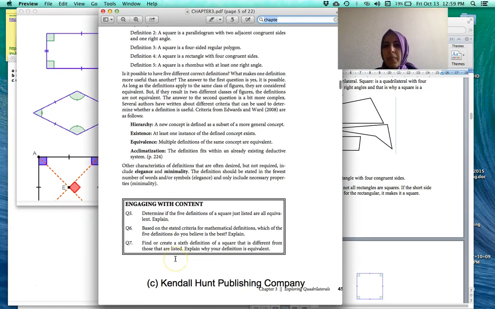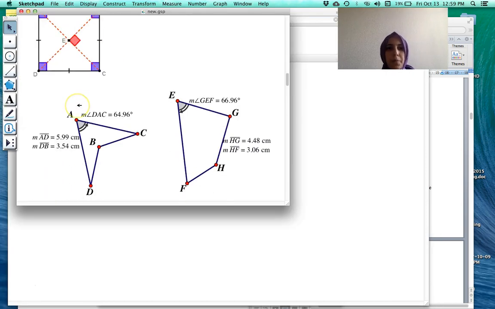Question 6. Based on the stated criteria for mathematical definitions, which of the five definitions do you believe is best? Explain. I think the first one: a square is a quadrilateral with four congruent sides and four right angles. It has a more general meaning and is the best definition for me. A quadrilateral contains even rhombus, parallelogram, and rectangle. Here is my shape.